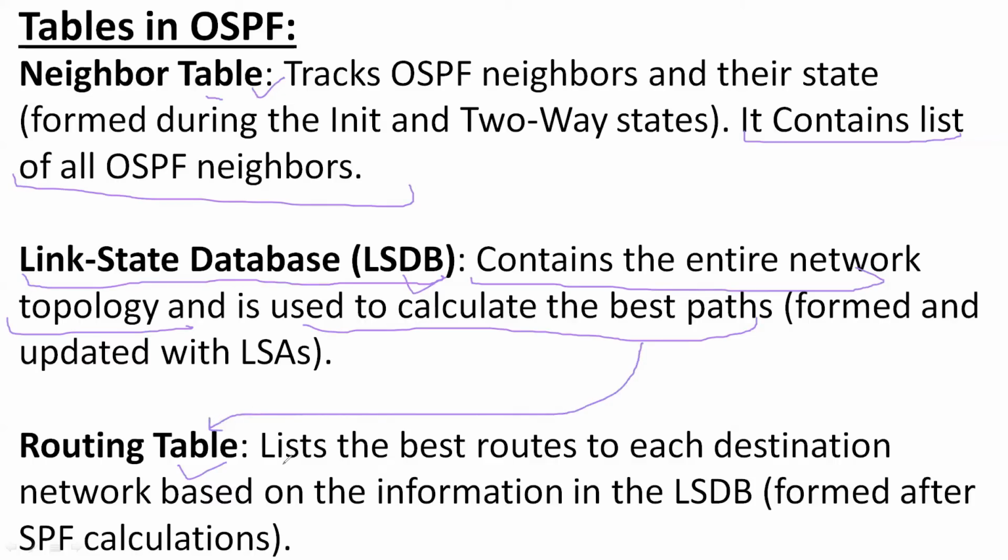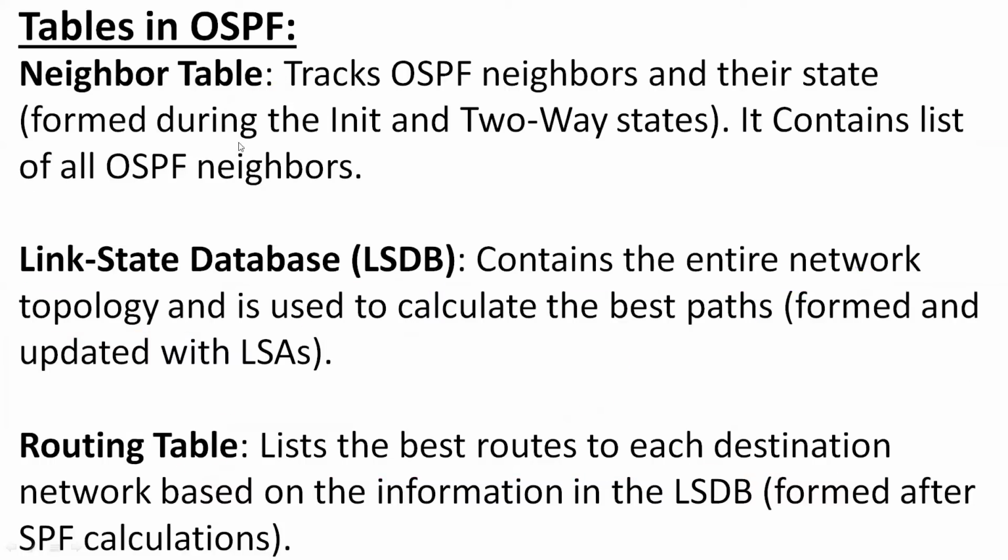In the routing table, you will find all the best paths, the list of best routes, as well as the directly connected neighbors. All 3 tables will be created in these 7 steps, and we will also discuss how the tables will be created in this scenario.